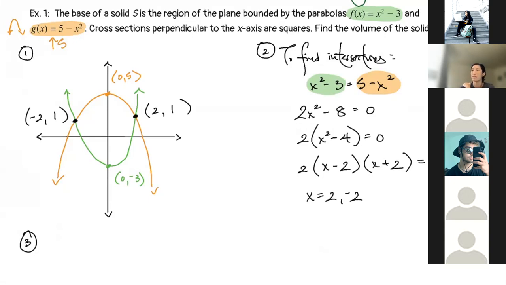What are our thoughts? Vertical lines or horizontal lines? And we could maybe use the equations to help us decide. I see quite a few guesses for vertical. All right, let's double check these equations real quick.